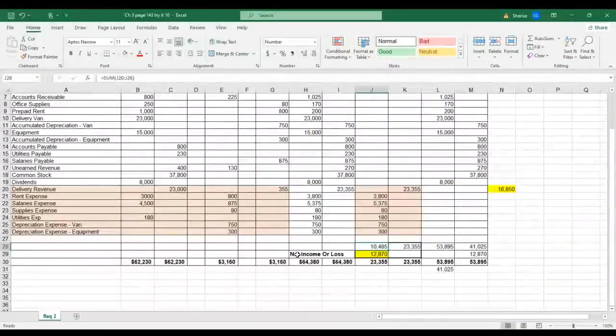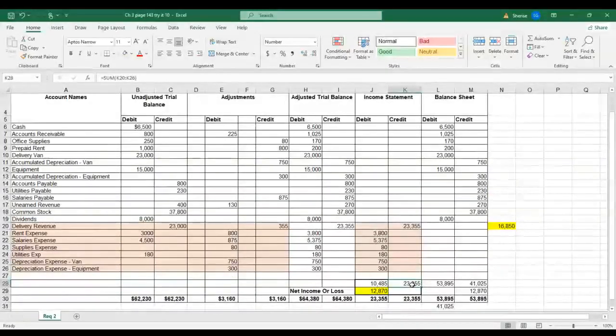And then we have our revenue, which is $23,355. I'm just simply going to bring that down next to my expenses total column.